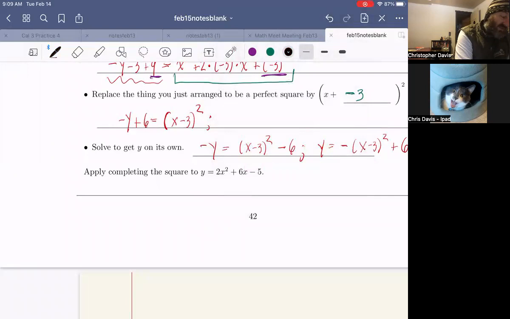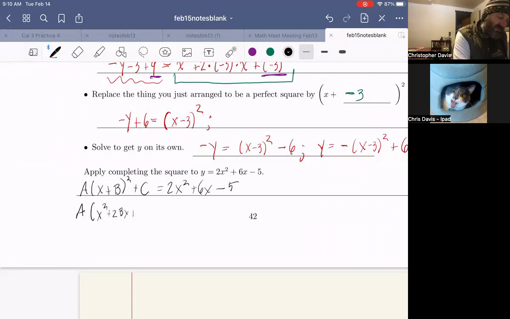One of them was saying, well, let's just let a times (x plus b) squared plus c be equal to 2x squared plus 6x minus 5. And I just need to match it up so that I FOIL out the left-hand side, so that each of the coefficients will be the same. So FOIL out the left-hand side: a times x squared plus 2bx plus b squared.